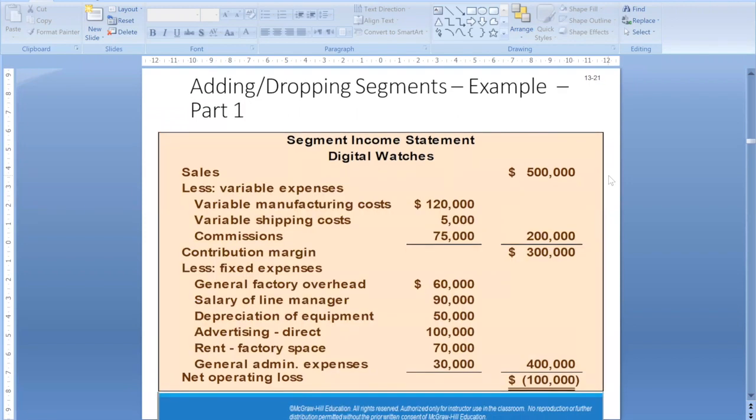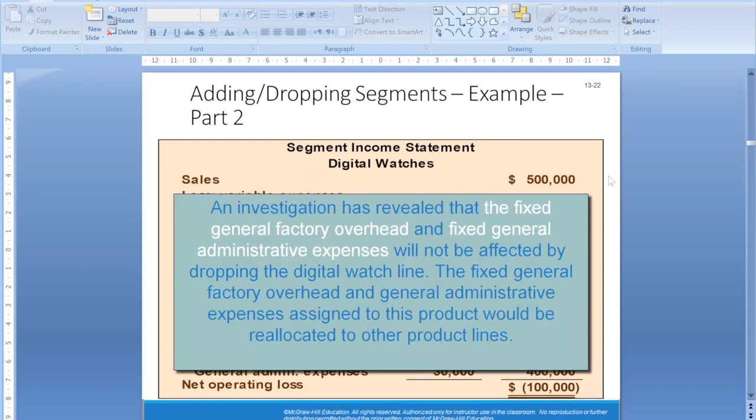Compare this number with the 400 that we have already in the income statement. Go back to the question. The total fixed expenses are $400,000, but the general factory overhead, which is 60,000, cannot be avoided whether we stop the digital watch or retain it. The depreciation cannot be avoided. The general administrative expenses cannot be avoided. So we will consider only the expenses that can be avoided.